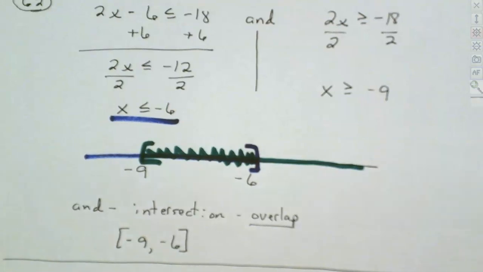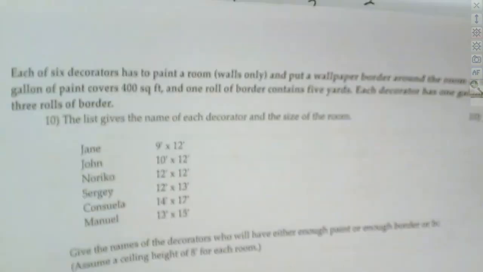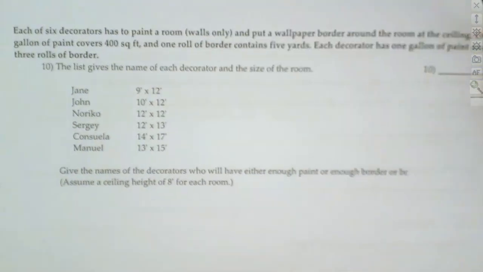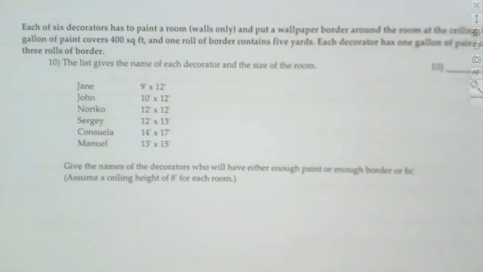Now, I'm going to set up and do part of question 10. I'm only going to do the first part of it. So for question 10, we're going to have to know how to find the area and the perimeter of the room.